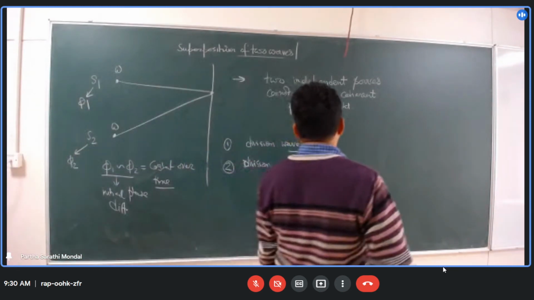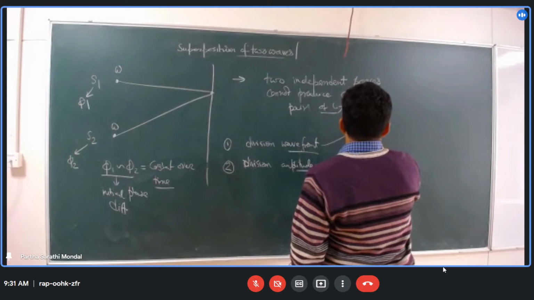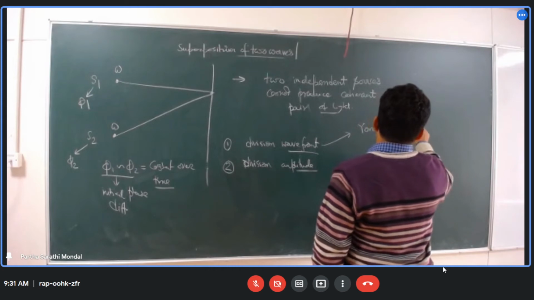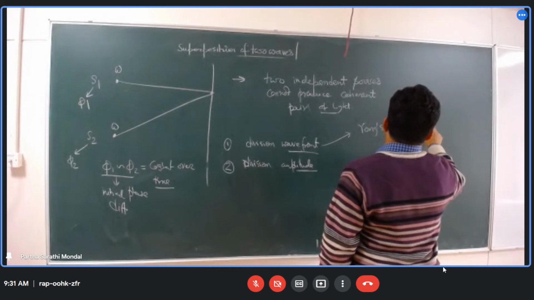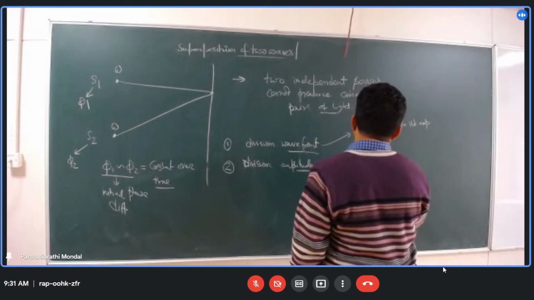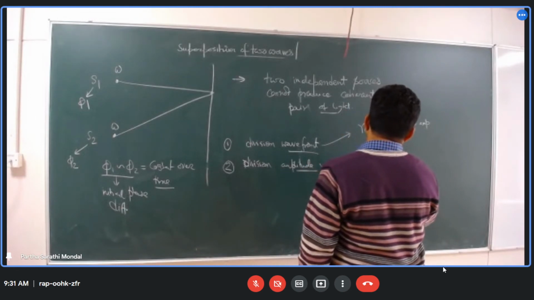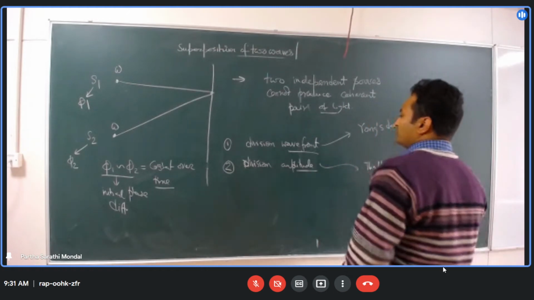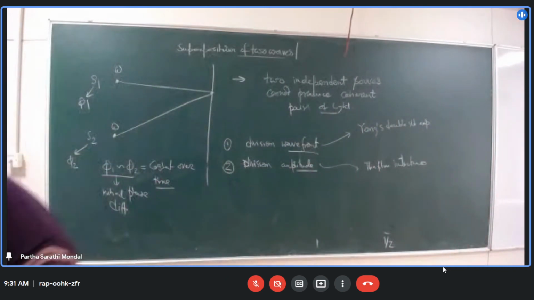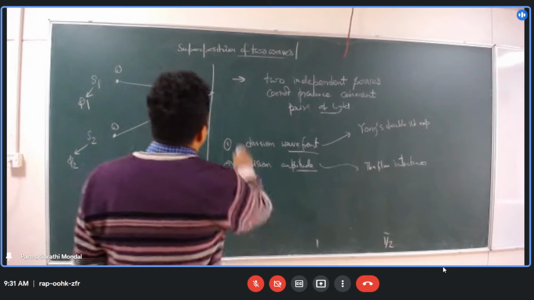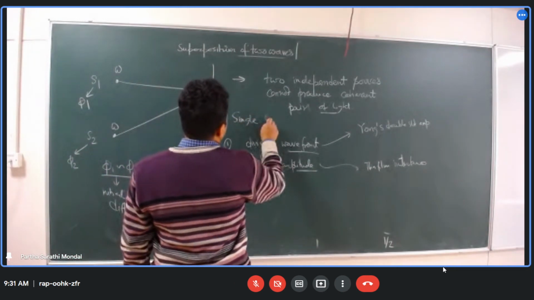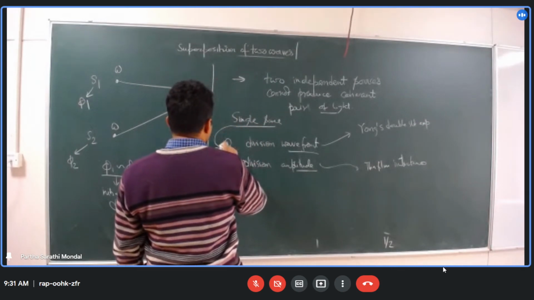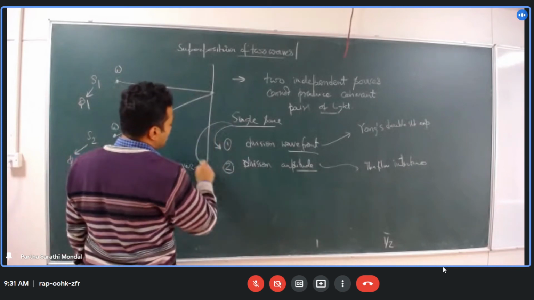So one is called division of wavefront. We have one example, Young's double slit experiment, and in this case we will use thin film interference. तो इसमें और कुछ नहीं है, suppose we have a single source, and you can split the single source by using division of wavefront and division of amplitude.